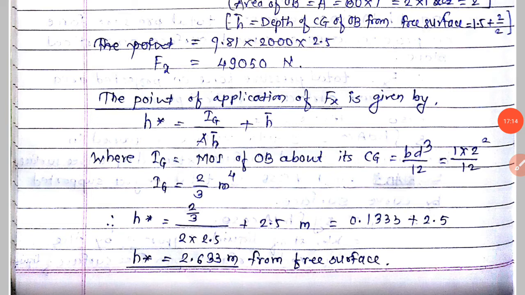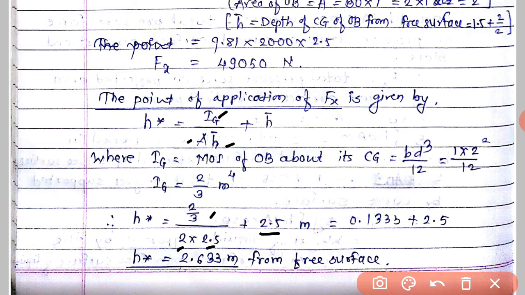Now put the value of Ig in the above equation. So Ig will be 2 by 3, area will be 2 into 1, that is 2, and h bar will be 1.5 plus 2 by 2, that is 2.5, plus the value of h bar, 2.5.